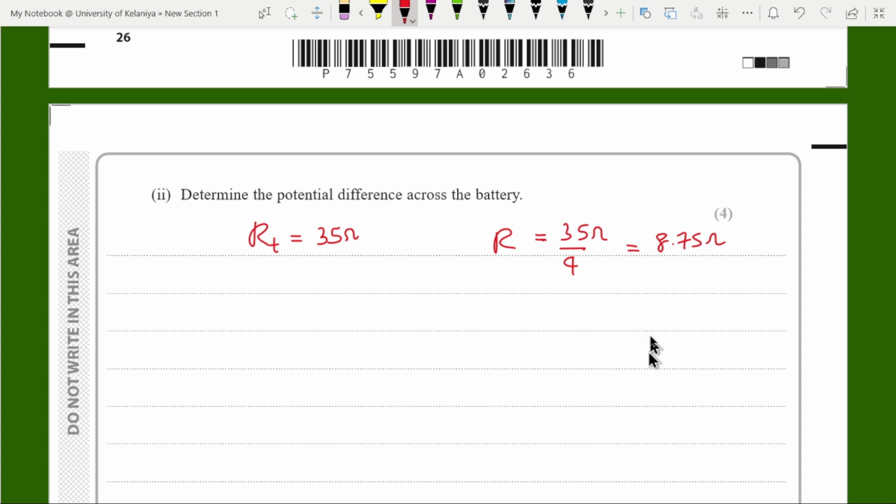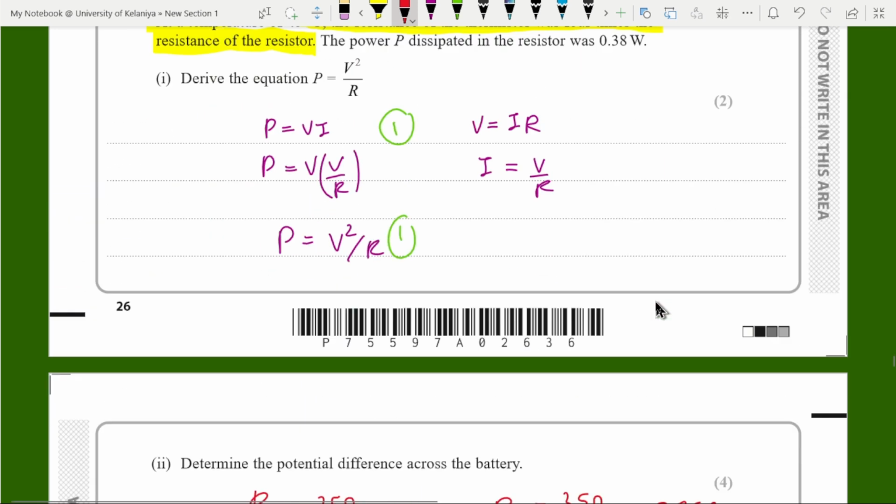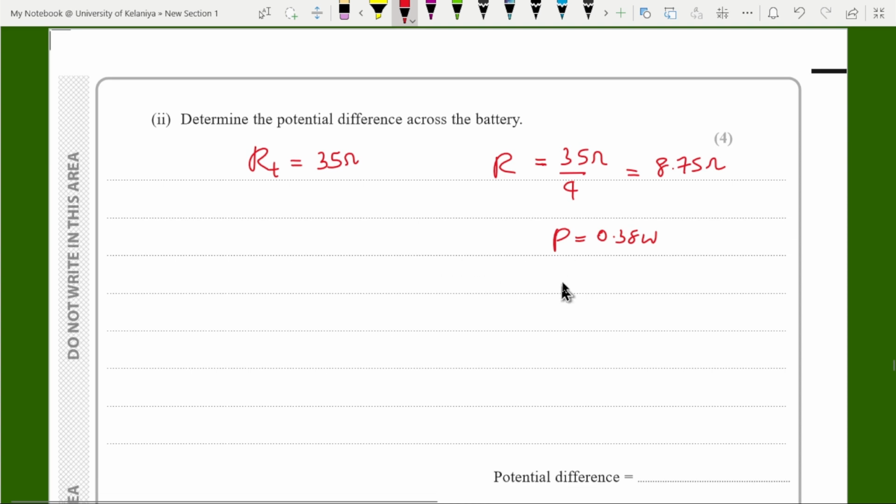Here they have given the power dissipated through the resistor, which is equal to 0.38 watt. And you know that P equals V square over R. Then you can find the voltage across the resistor by rearranging this equation.